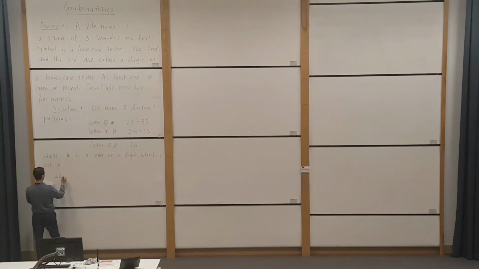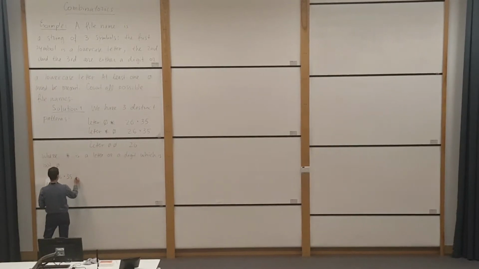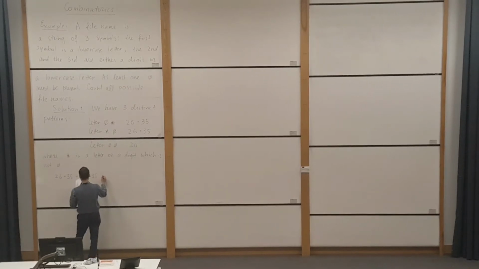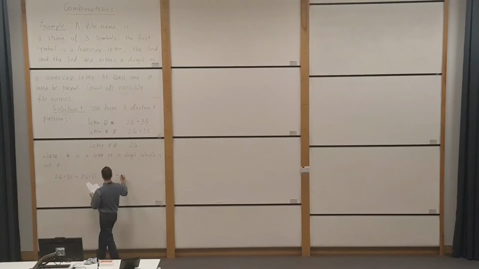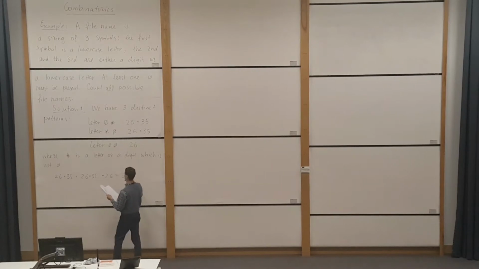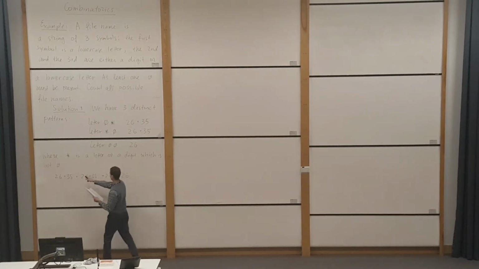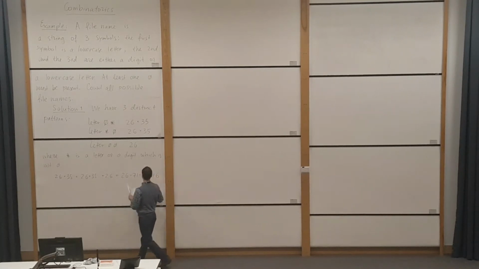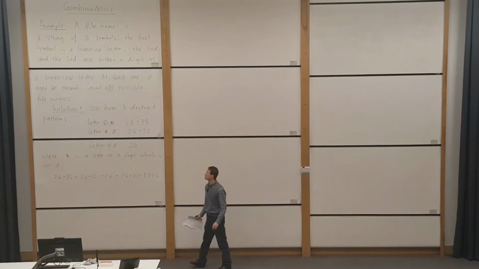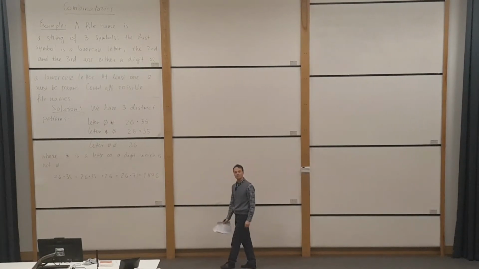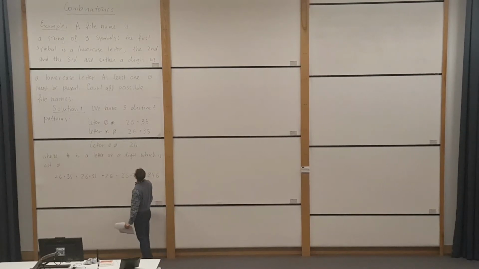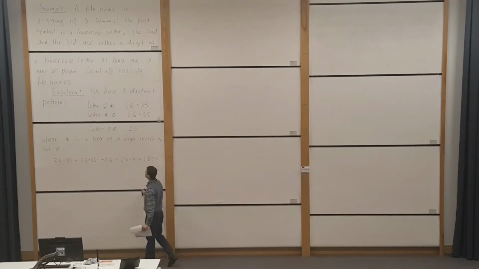So 26 times 35 plus 26 times 35 plus 26, which is the same as 26, which I can pull out, times 71, and that gives 1,846 different file names. Okay, so that's a straightforward application of the sum and product rule.